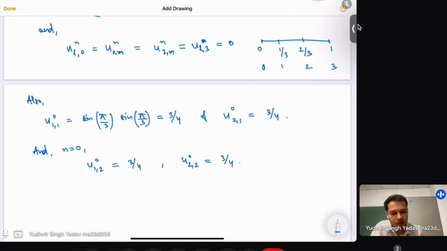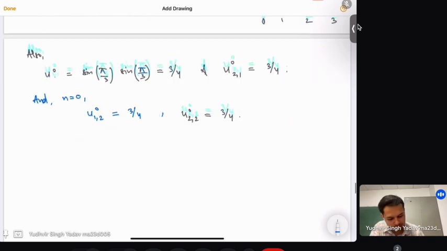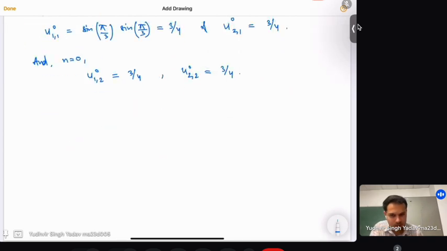Next we will see what we have to find. At the 0 time step, we have already obtained all the values. So now we have to proceed up to 2 time steps. First, take n equals 0.